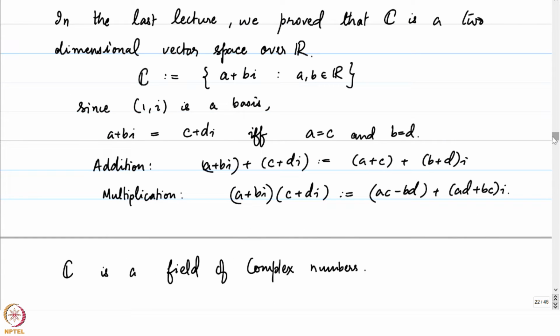Alright, so for any two-dimensional vector space, from your course on linear algebra, you will be aware that this is going to be isomorphic as vector spaces to R2.